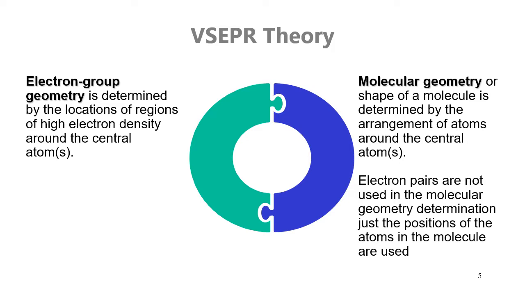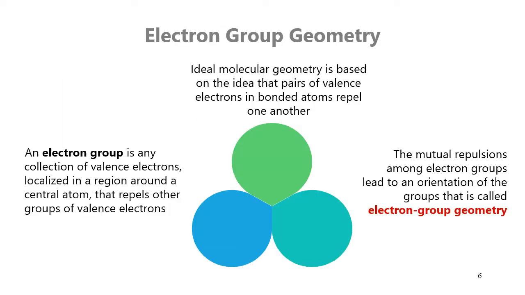It's different. So let's focus first on the electron group geometry. It's a collection of valence electrons localized in a region around a central atom that repels other groups of valence electrons. That's the definition of an electron group.